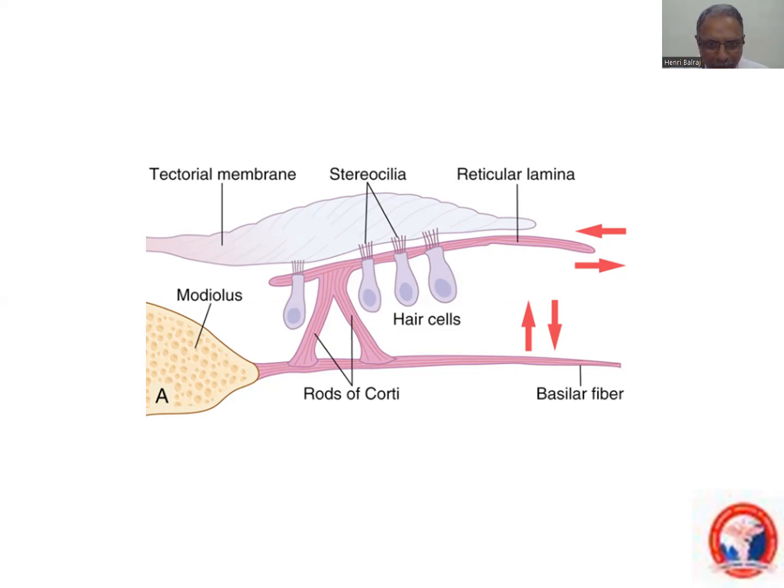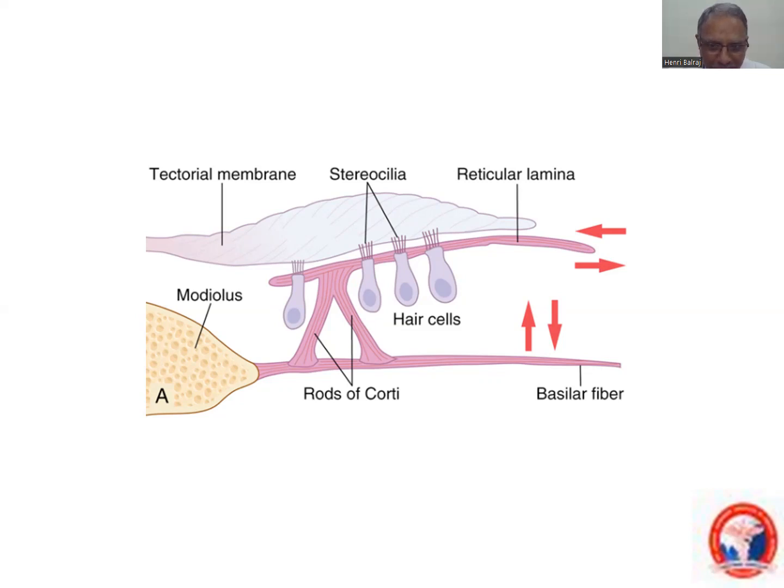This is brought about by movement of the perilymph and the endolymph, causing distortion and movement of the stereocilia towards the taller stereocilia, and causing entry of potassium, which causes depolarization and opening of voltage-gated calcium channels.